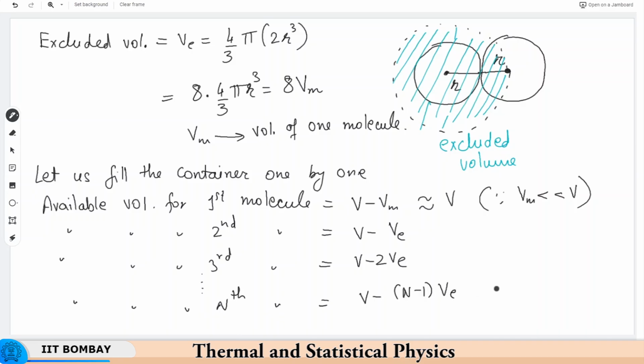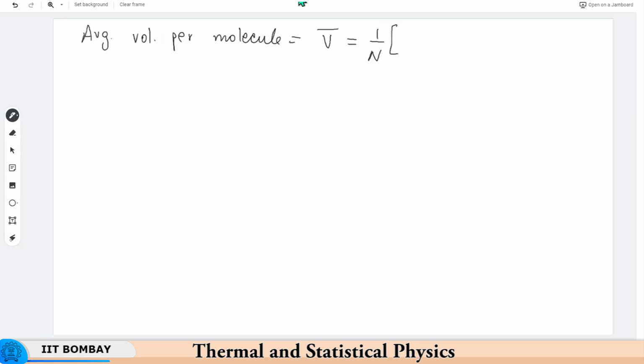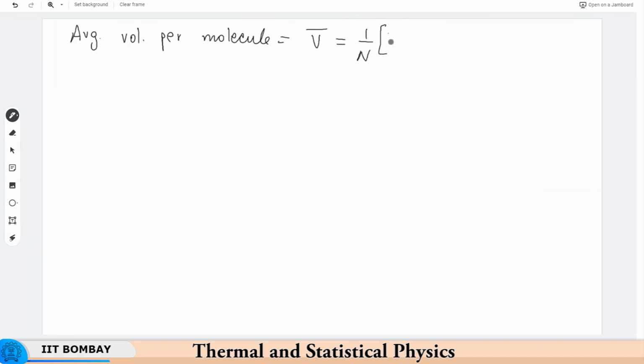So what will be the average volume per molecule? Let's call it V average, which is 1 by n times the sum of all these volumes: V plus (V minus VE) plus (V minus 2 VE) plus so on, plus (V minus (n minus 1) VE).